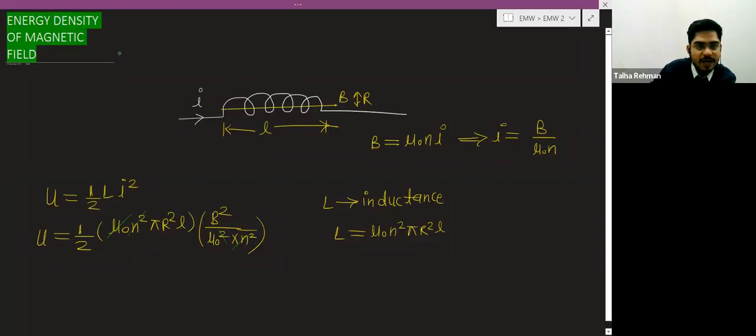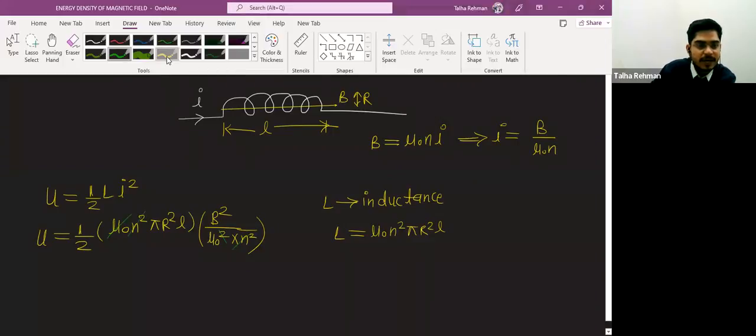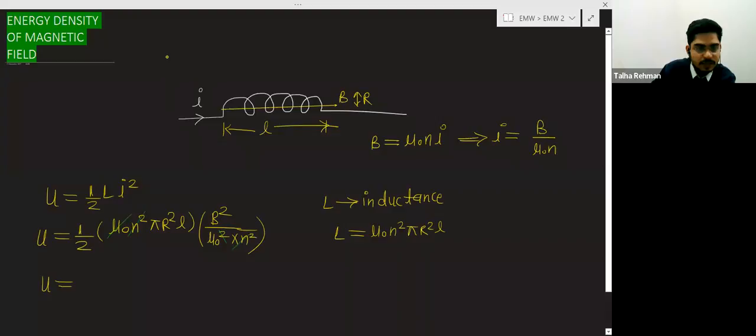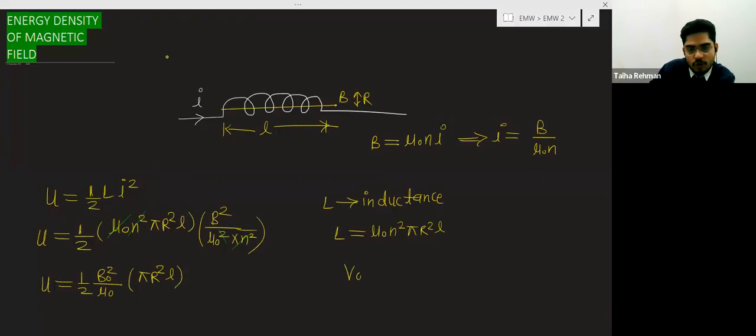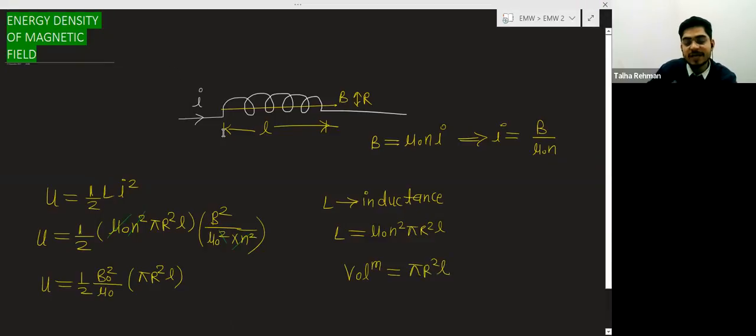Okay, so you will have the energy stored in the inductor is equal to half B square divided by mu naught into pi r square L. The volume of the solenoid or inductor is equal to pi r square L, and we want energy per unit volume, that is the energy density.